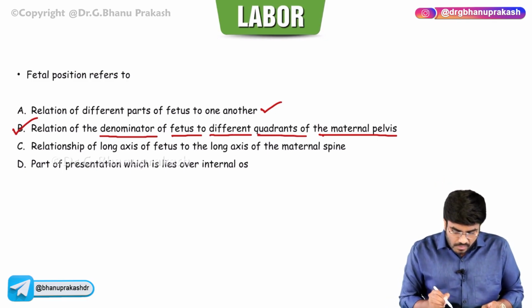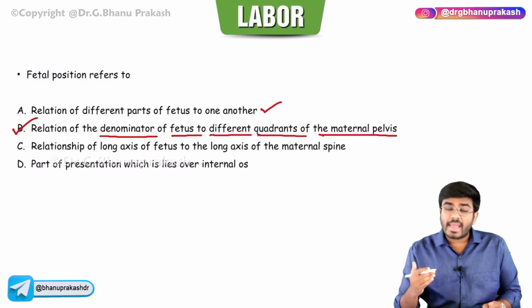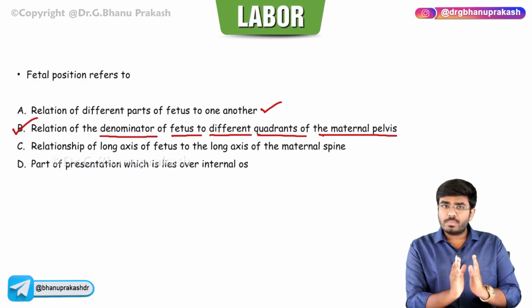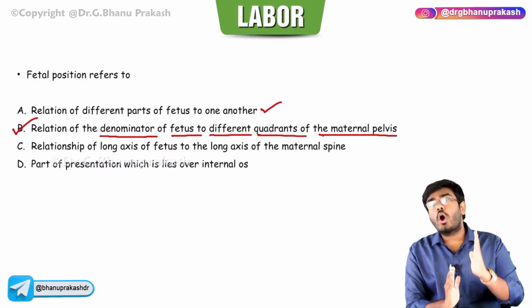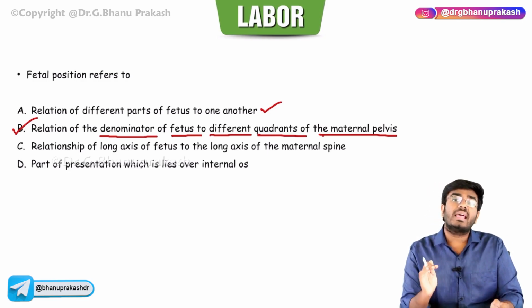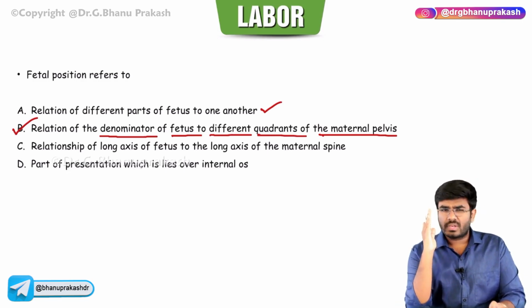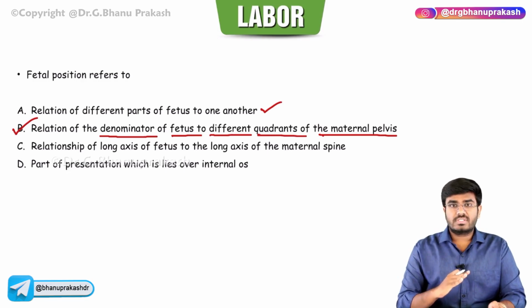Now, option C: relationship of the long axis of the fetus to the long axis of the maternal spine. What is this definition, guys? The relationship of the long axis of the fetus to the long axis of the mother is a definition for lie. The lie can be longitudinal, transverse, or oblique.